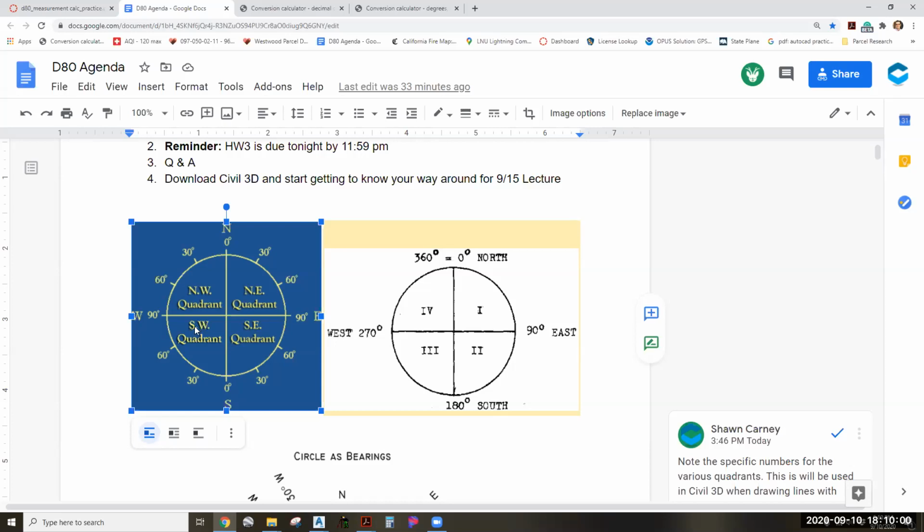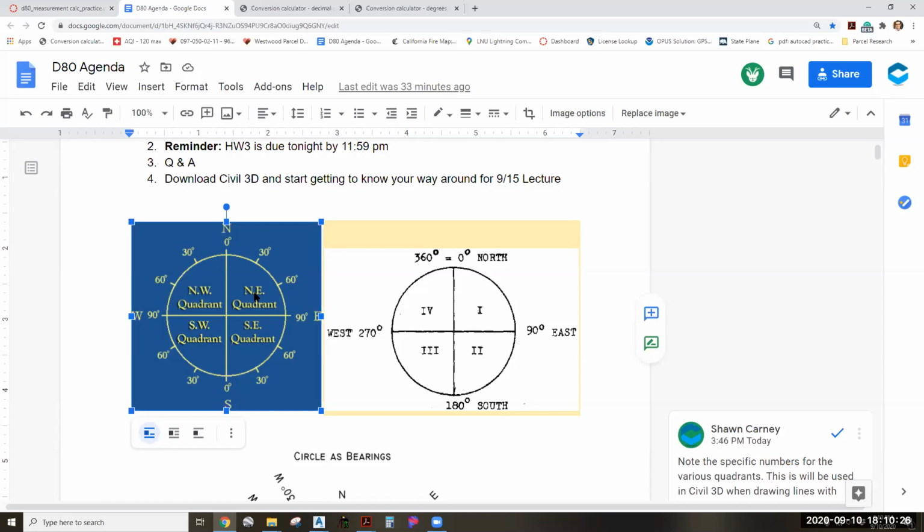Again, we have the southwest quadrant, which falls between the south line and the west line. And finally, we have the northwest quadrant, which falls between the north and the west line. Okay, so there's 4 quadrants to the compass. Each quadrant is 90 degrees because 360 divided by 4 is 90 degrees.